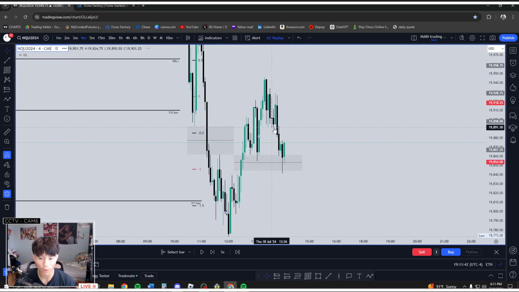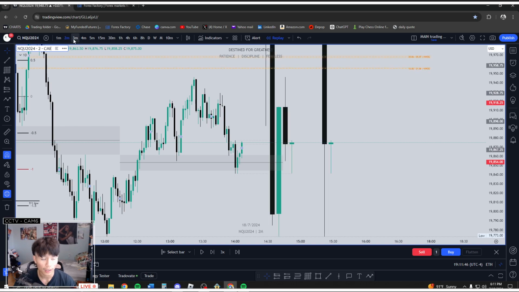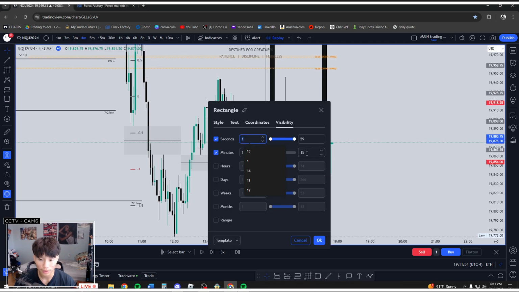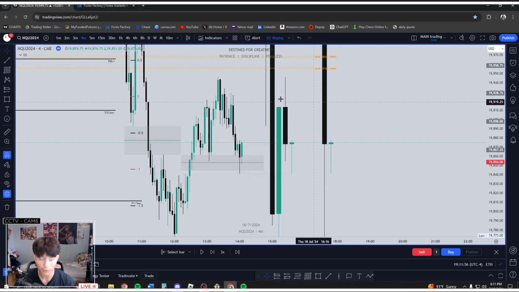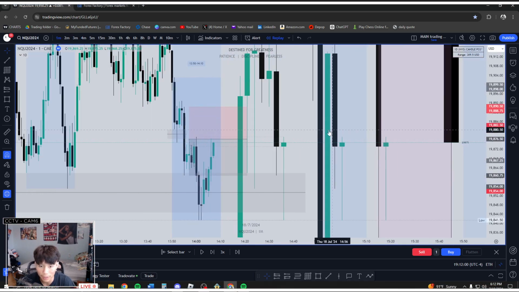And on the 4-minute time frame, I do believe there was an entry pattern for me to take. There was that 4-minute FVG here. So there was a 4-minute FVG that we retraced into. That was my entry pattern.